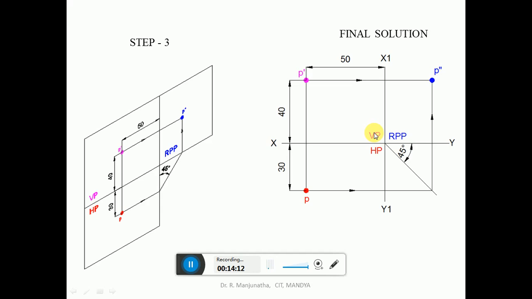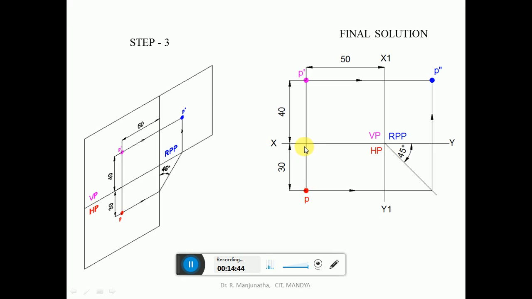VP will be above the XY line, HP will be below the XY line, and RPP will always be adjacent to VP. The distance in front of RPP is seen in both VP and HP. So from the X1 Y1 line, we measure a distance of 50 mm in the vertical plane, and also from the X1 Y1 line in the horizontal plane, measure a distance of 50 mm and draw a vertical projector, which is a thin line.